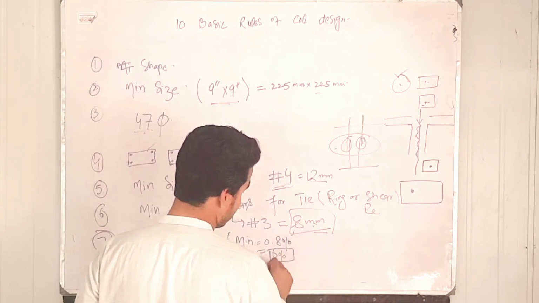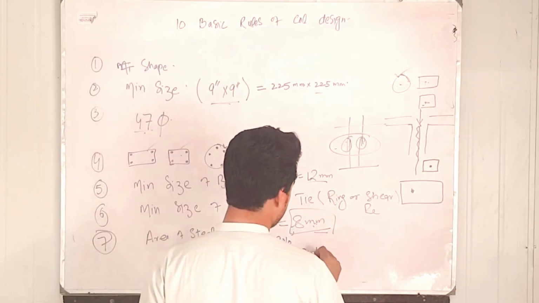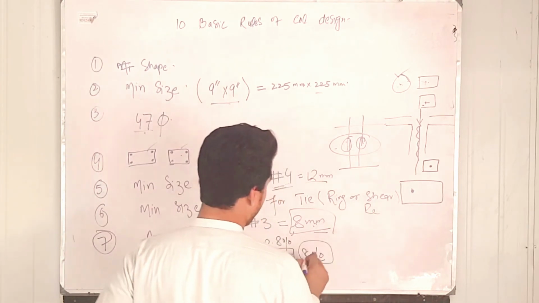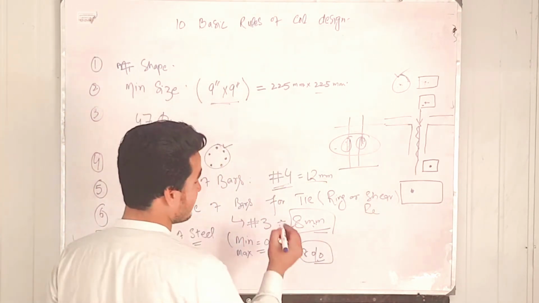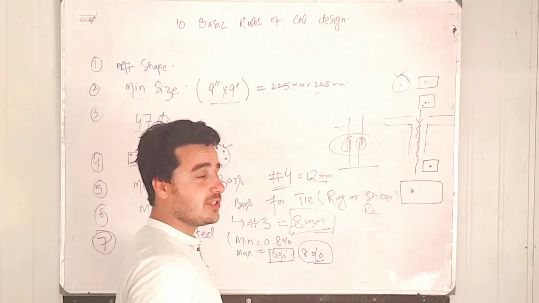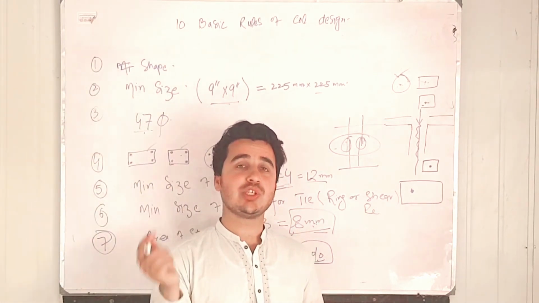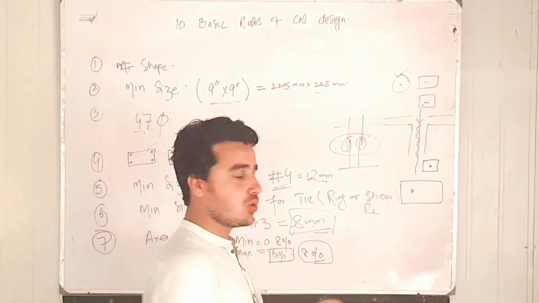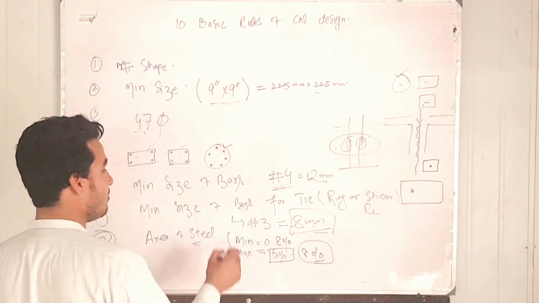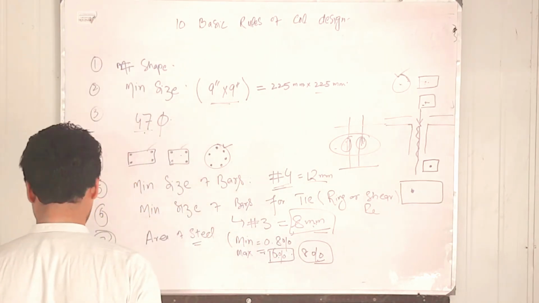This is actually now 8%, but for the most economical structure it must not be more than 6%, and if it is more than 6% you will have to redesign that column. So this was rule number 7, the minimum and maximum area of steel.